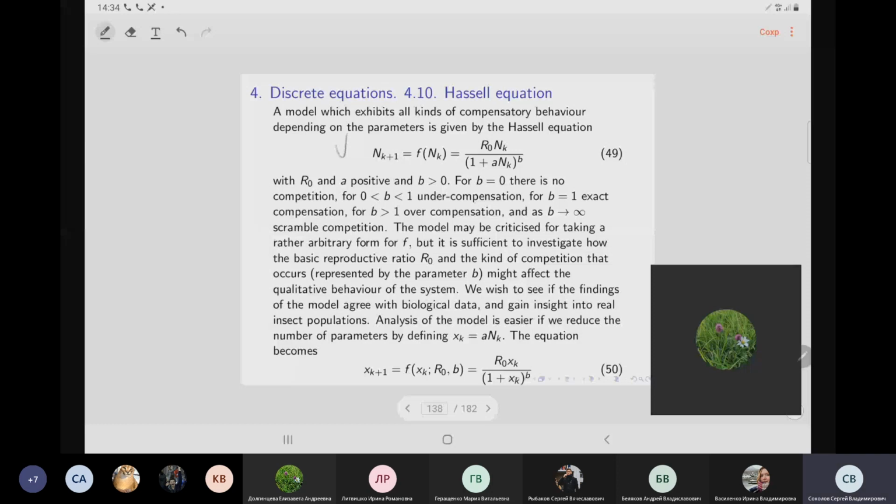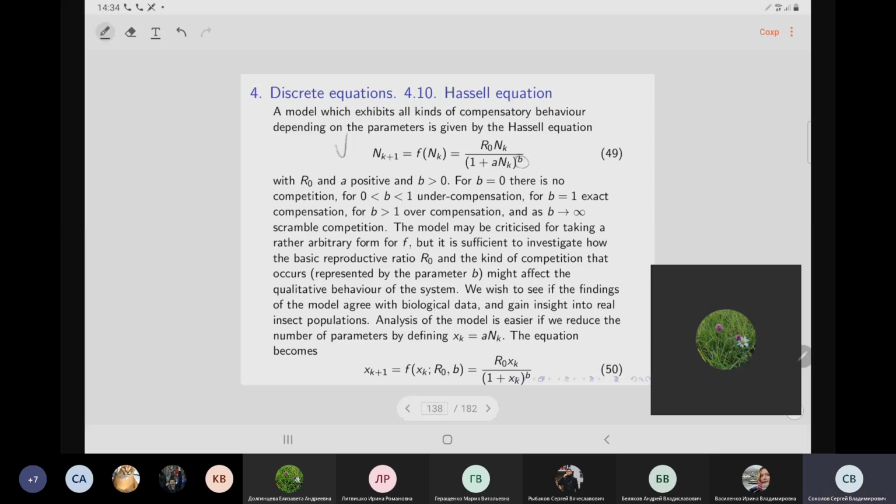We can see that if B is very large, then when n k becomes greater than some value, the term 1 plus a n k to the bth power will quickly grow, and the whole fraction becomes 0.